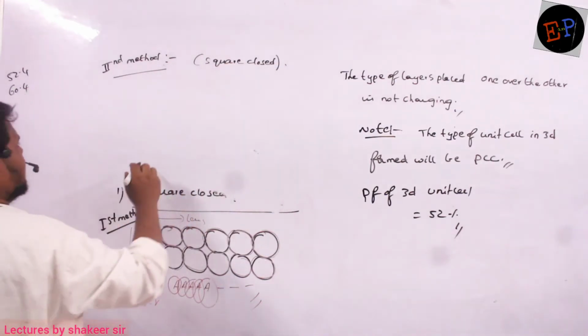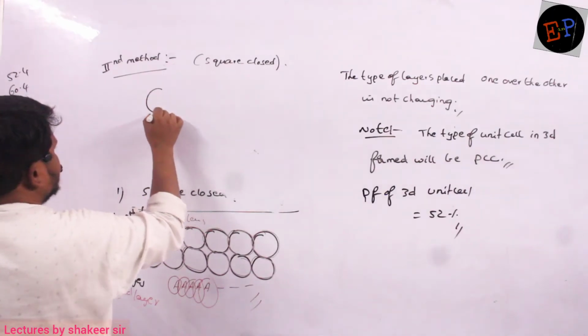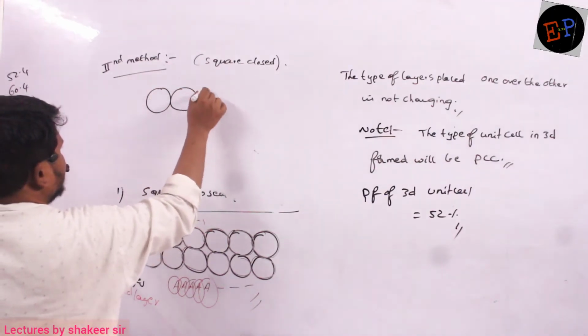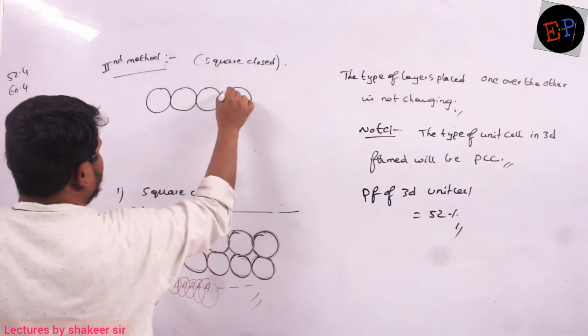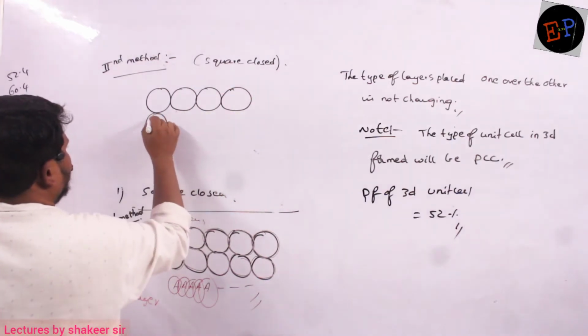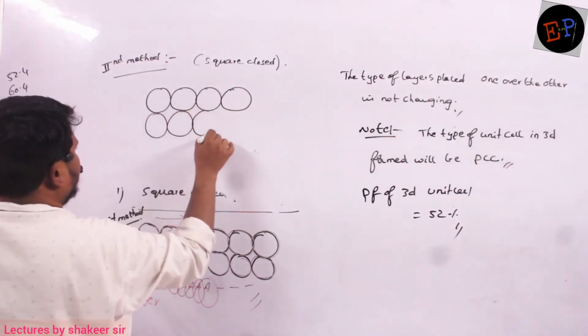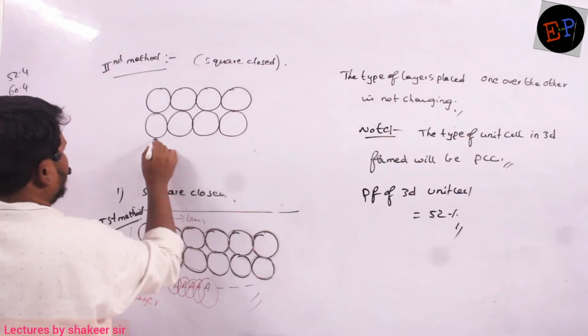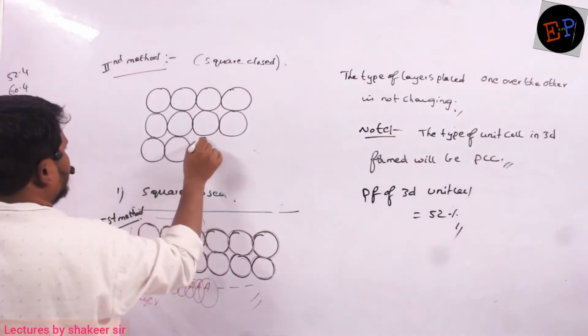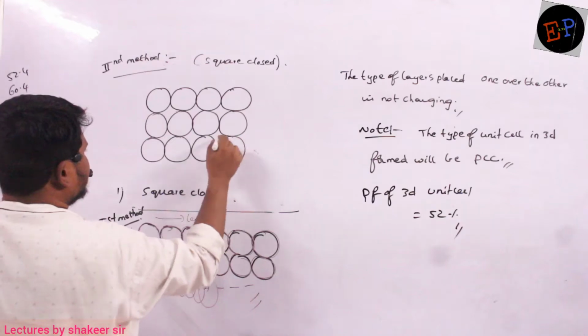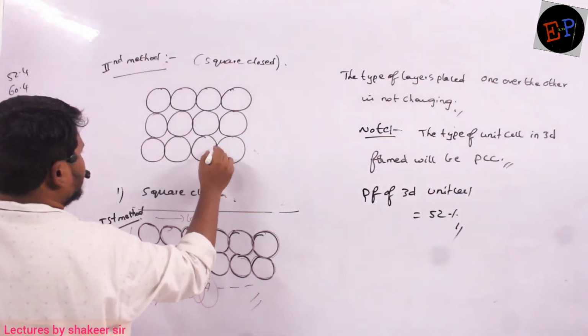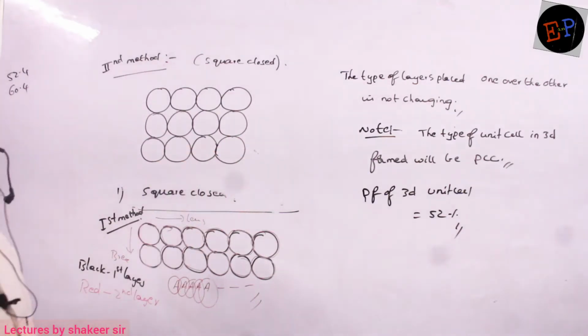Are you able to understand now? Which is the second method? Let us see. So first of all, let us draw the square closed 2D figure. Maintain the size of the atoms, then very easily you can draw the figure. So this is a square closed packing now.